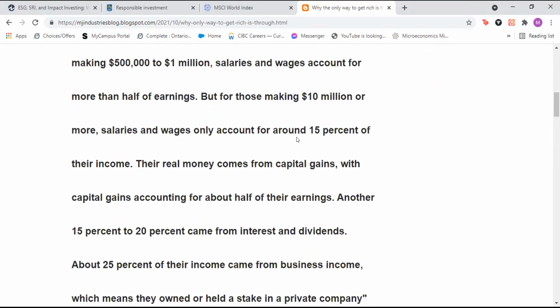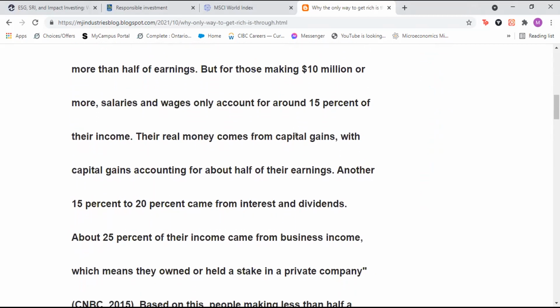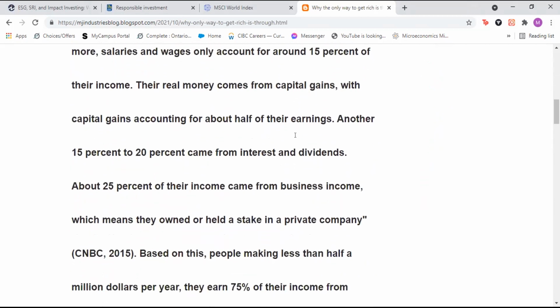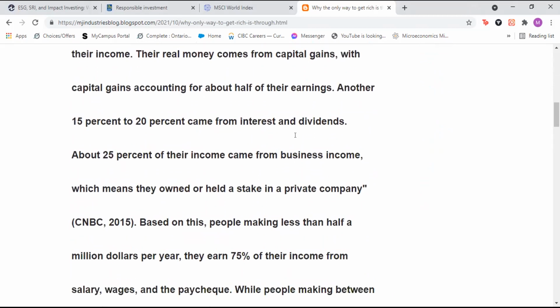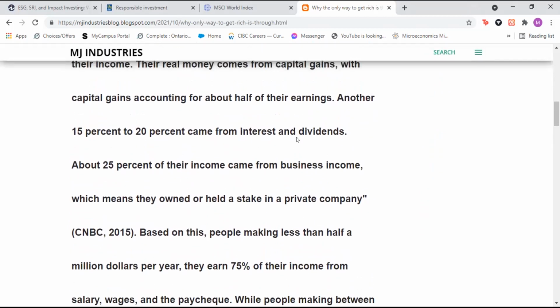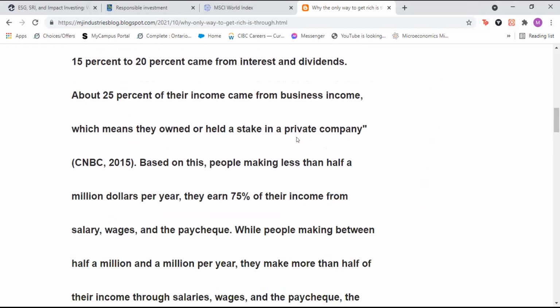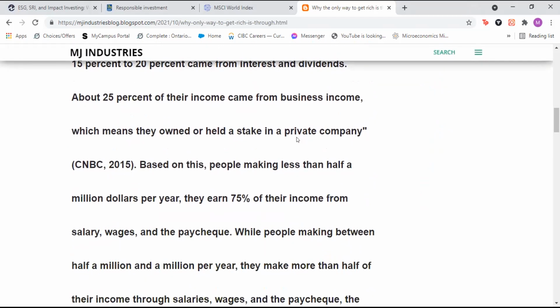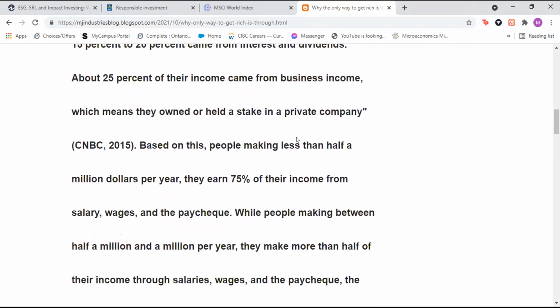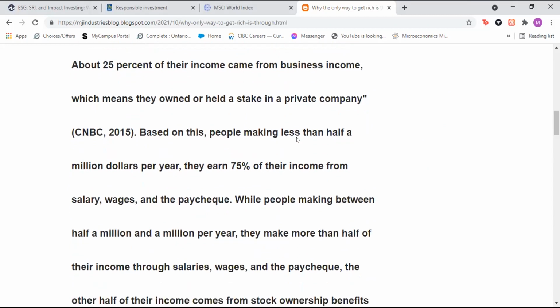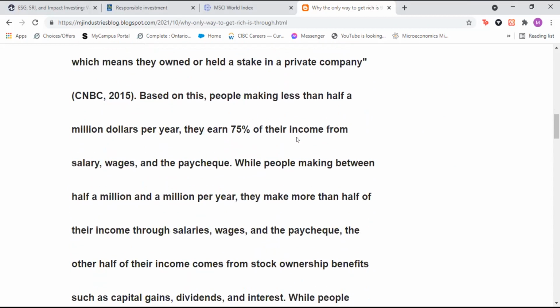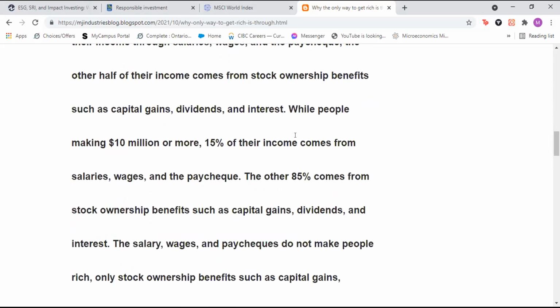But for those making $10 million or more, salaries and wages only account for 15% of their income. The real money comes from capital gains, with capital gains accounting for half their earnings. Another 15% to 20% comes from interest and dividends, and about 25% of their income comes from business income, where they own a stake in a private company.